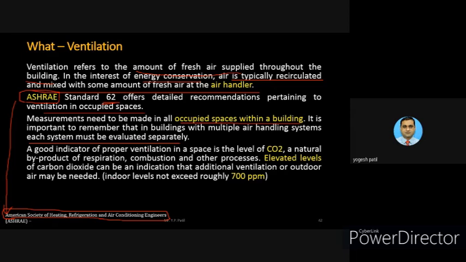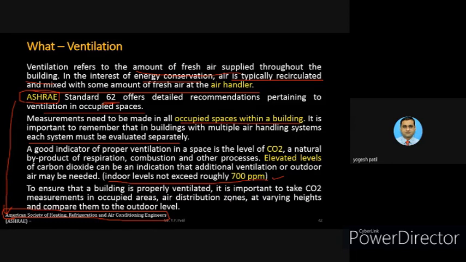So one rough value is mentioned over here. Indoor levels should not exceed roughly 700 parts per million. That is also mentioned for the CO2 in the indoor levels. To ensure that a building is properly ventilated, it is important to take CO2 measurements in occupied areas. Now it is very clear.